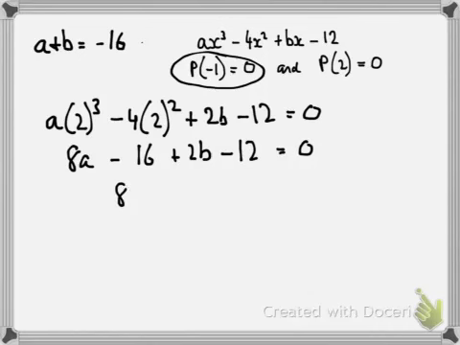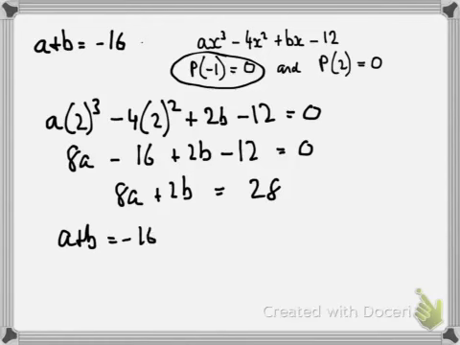Therefore, 8a plus 2b equals, if we take the negative 16 and the negative 12 to the other side, positive 28. Okay, so there's our two equations. Equation 1 is a plus b equals negative 16. Equation 2 is 8a plus 2b equals 28.